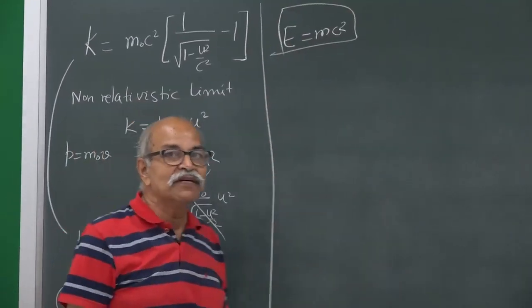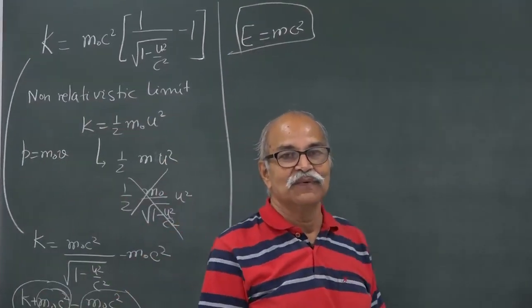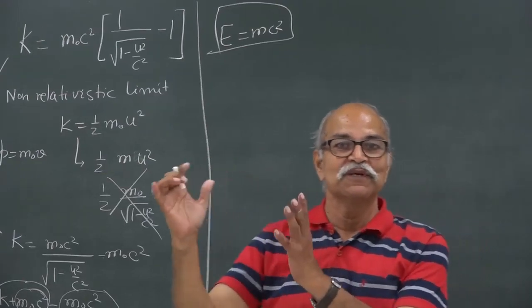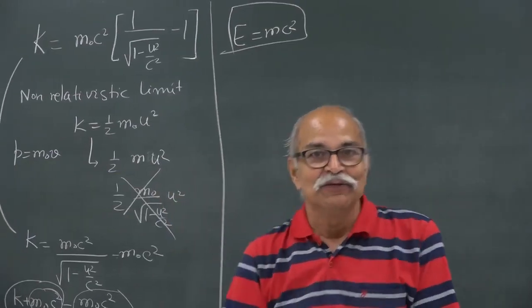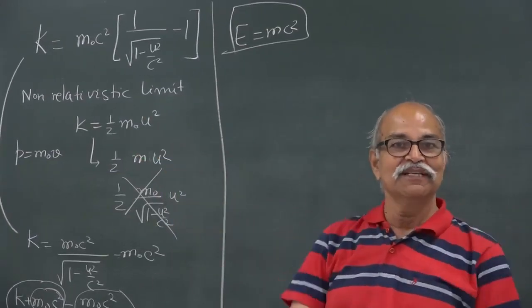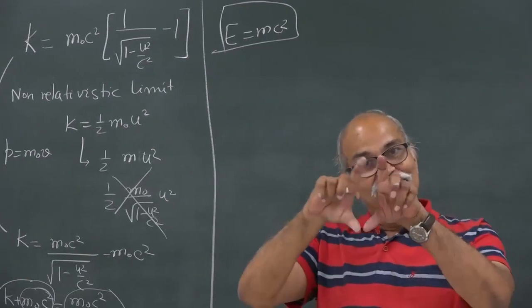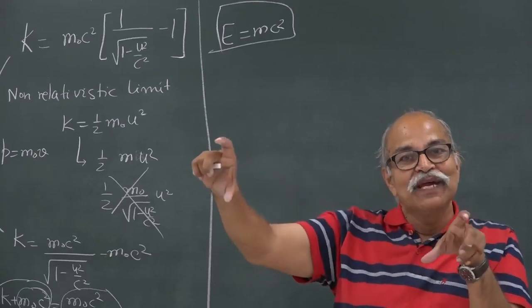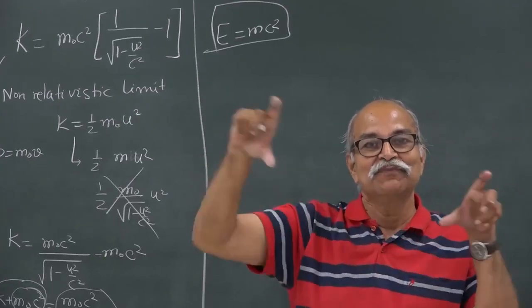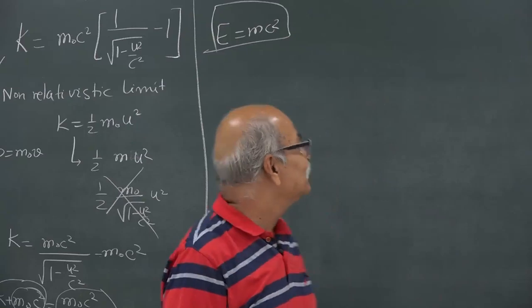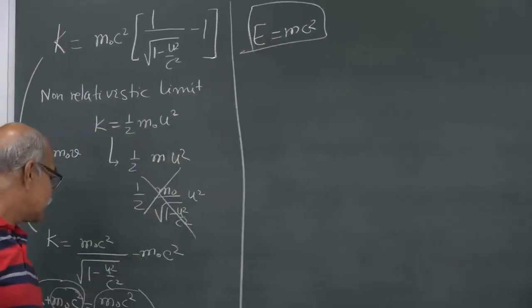The very famous equation E equal to mc square, the logo of special theory of relativity. You look at books on special theory of relativity or books on Einstein, and you may find E equal to mc square put in a very decorative way on the cover page and so on. So, it is this expression which comes from here.